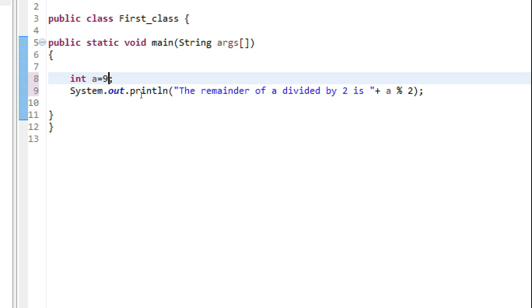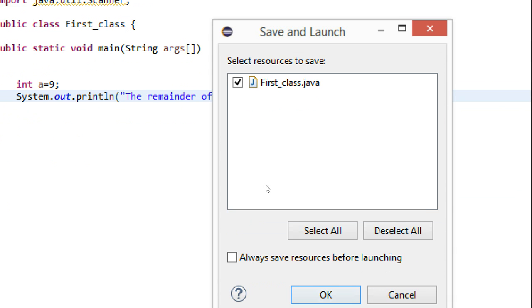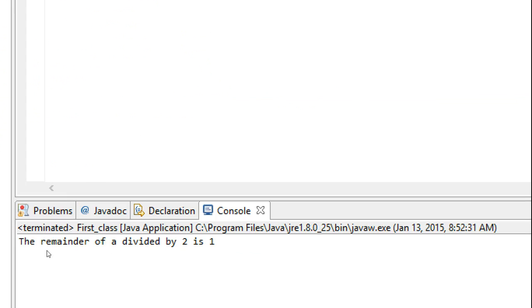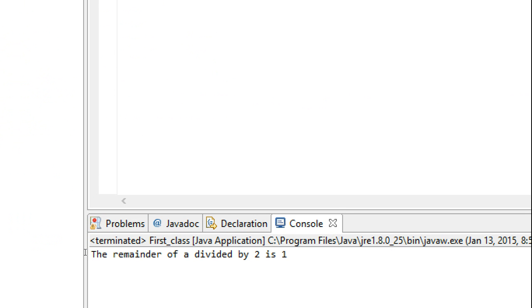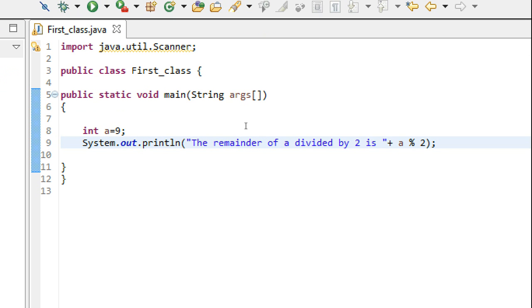Therefore, if this statement is executed, then 9 divided by 2 would give me a remainder of 1. Let's run it and see. The remainder of a divided by 2 is 1, since when I divide 9 by 2, I get a remainder of 1 and a quotient of 4.